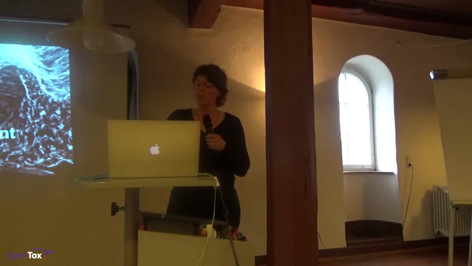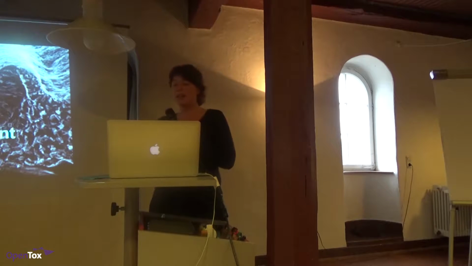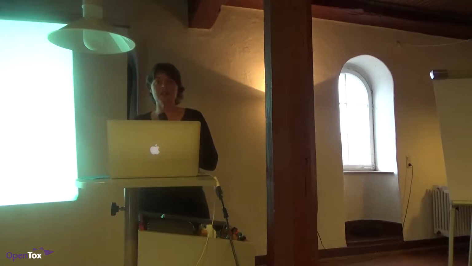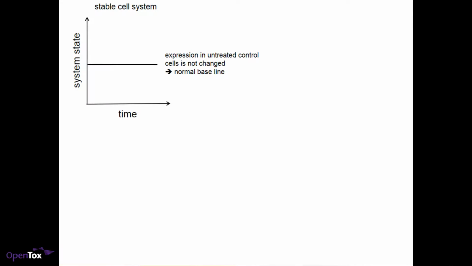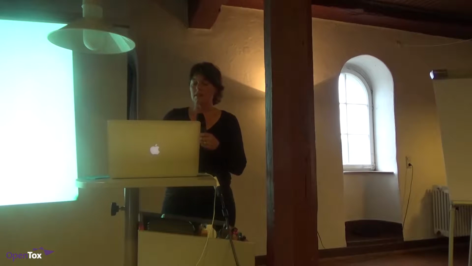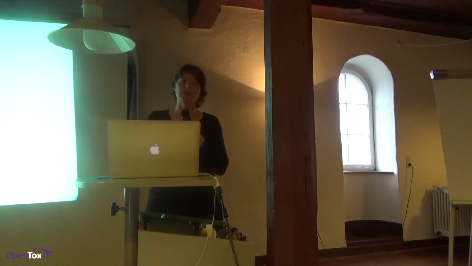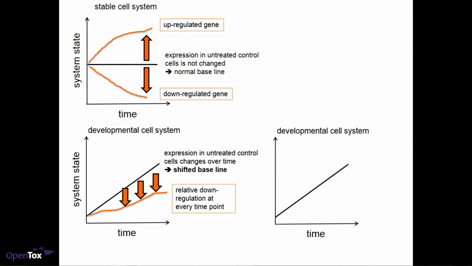So the next issue I wanted to show you is the timing of treatment. We have a special problem in developmental toxicology compared to a stable cell system. In a stable cell system you have a baseline, and a gene can be upregulated or downregulated or not changing. In a developmental system, you can have a shifted baseline, so that a gene is just not as much upregulated as normal, or not as much downregulated as normal.